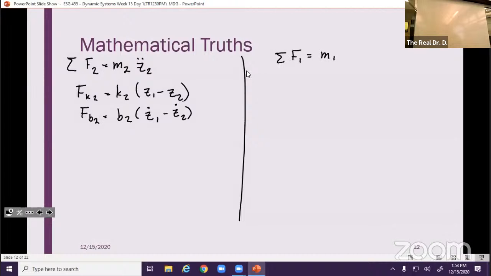Some of the forces for block 1 are on the right, and those for block 2 are on the left.